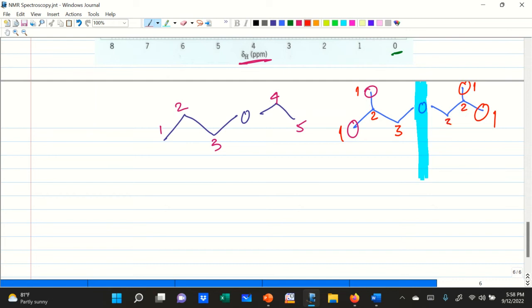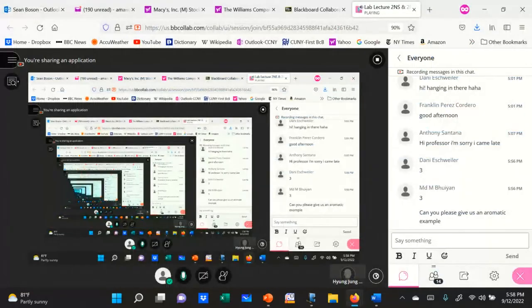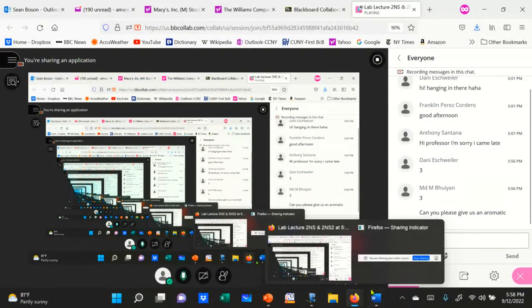So for a symmetric molecule, you have to look carefully. So obviously the molecule is going to have 3 signals. This one you saw has 5 signals. So you would be able to see this based on their chemical environment. A tiny variation makes a different signal.